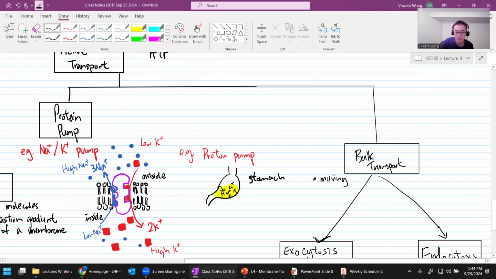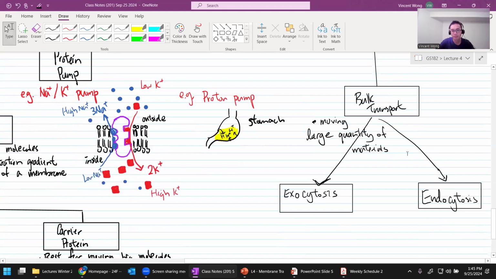So bulk transport just means moving large quantity of materials across the cell membrane. It depends on which direction you're moving.